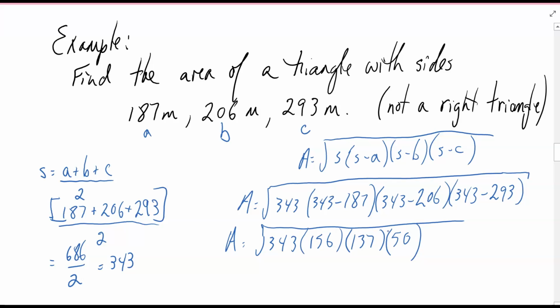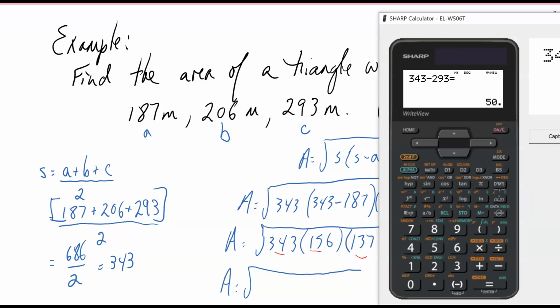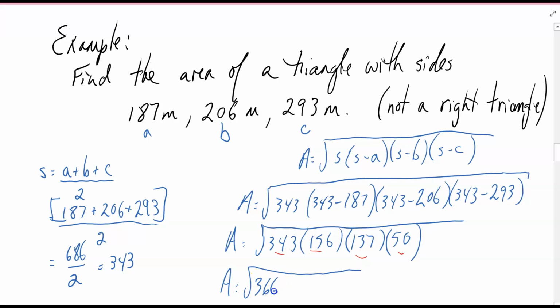Okay, now we need to multiply these four numbers together before we take the square root. The area is equal to the square root of, what's this big number? I've already got it in the calculator, so 50 times 343 times 156 times 137. All right, 366,529,800. And we should now square root that.